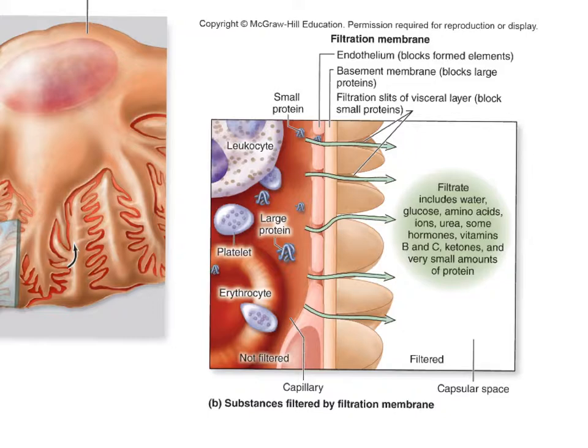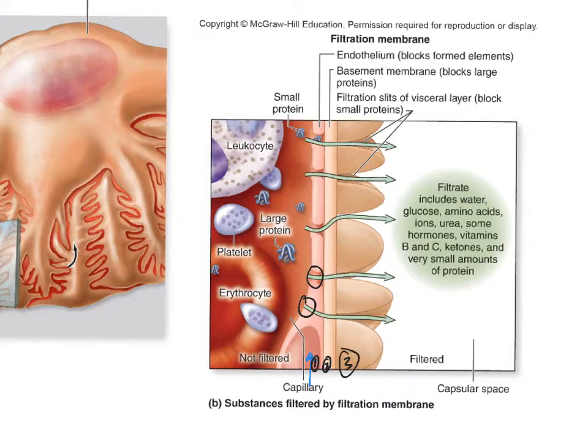The first part of that is the fenestrations, the openings within the glomerular capillary, which allow stuff to go through. That's number one. Number two is the basement membrane, and number three are your filtration slits.